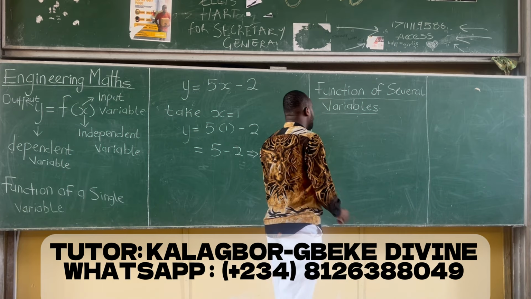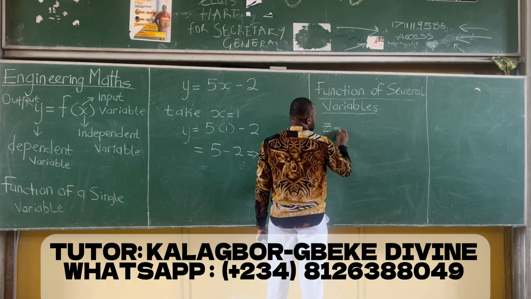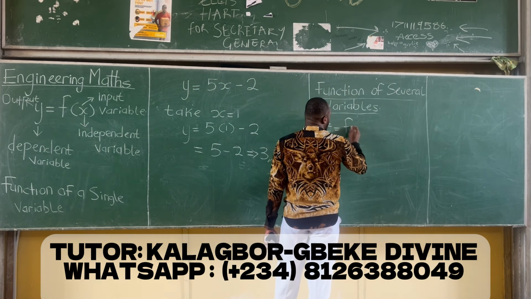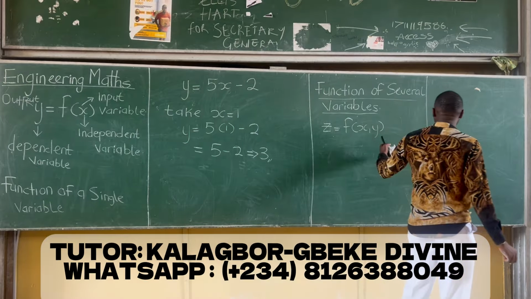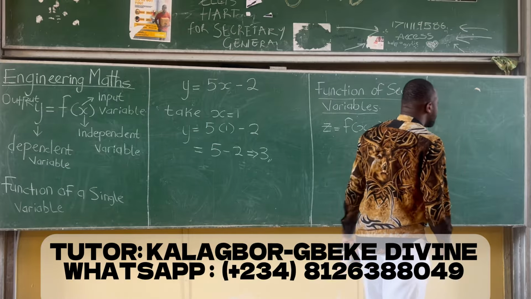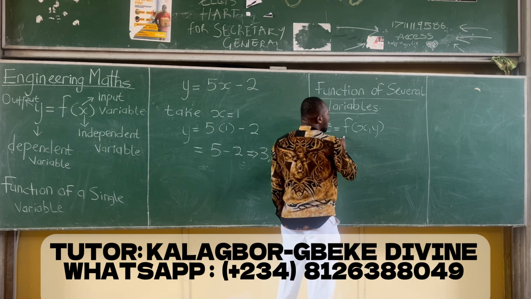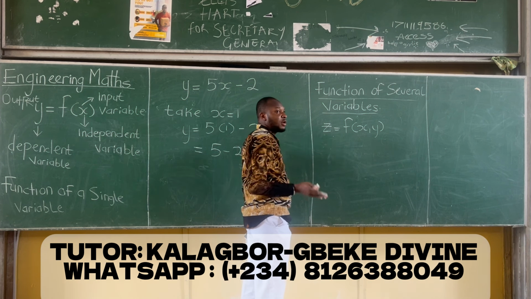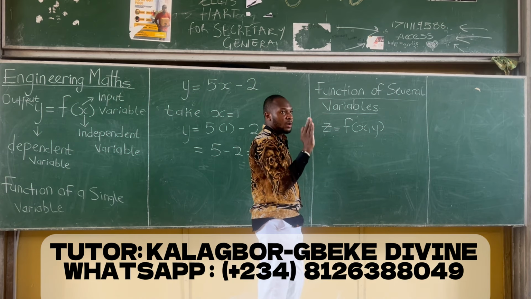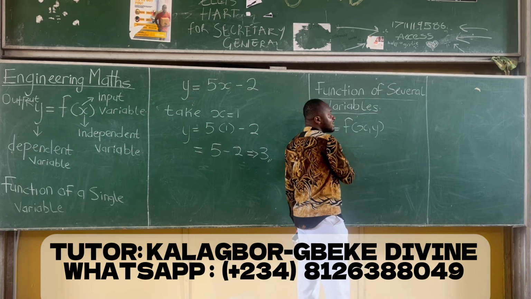Now, let's say we are given a function z of x, comma, y. Now, we know that z, which is the output, is a function of x and y. So for us to get the value of z, we must have two different variables. One variable will be for x, and the other will be for y.